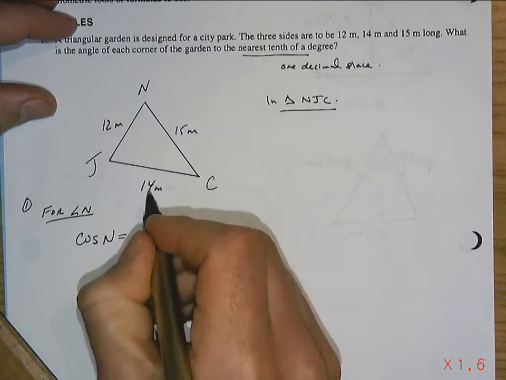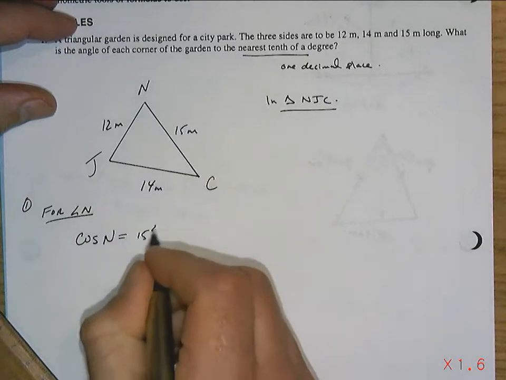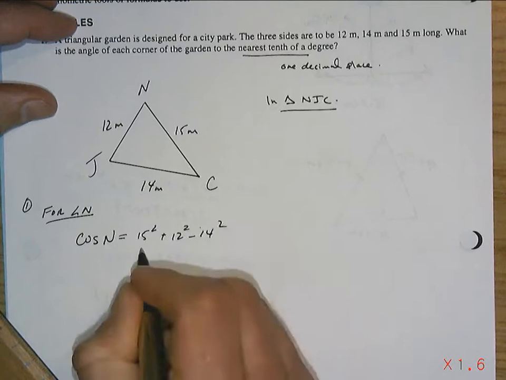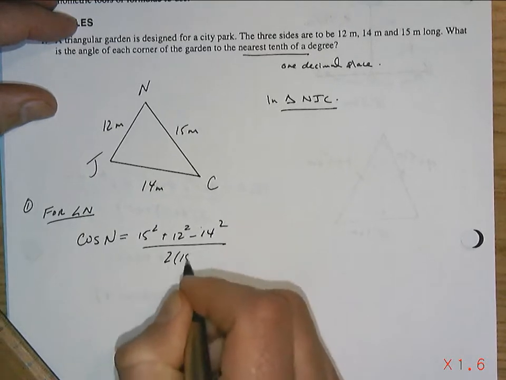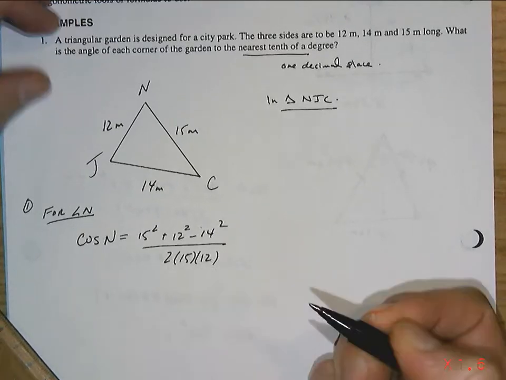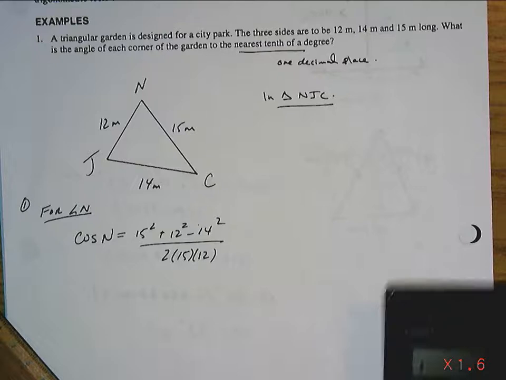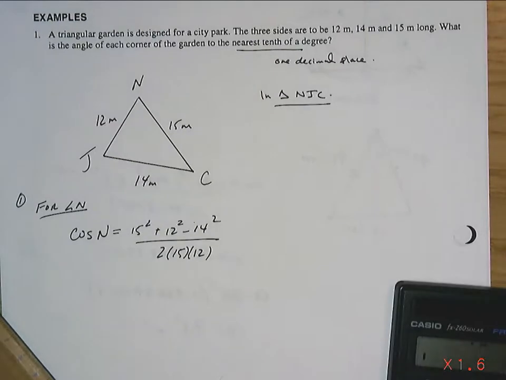So the side opposite is 14, so it's going to be 15 squared plus 12 squared minus the side opposite it squared, all over 2 times 15 times 12. And if you haven't memorized that little pattern, if you're working from formulas, then you are not being wise. That is a very difficult thing to do, working from formulas. I suggest that you start doing it my way.